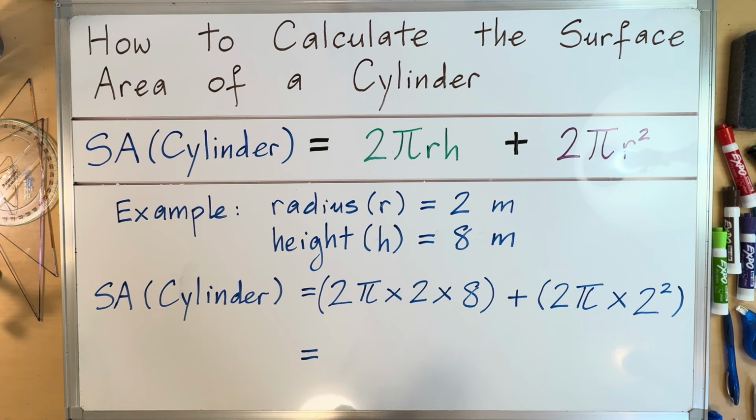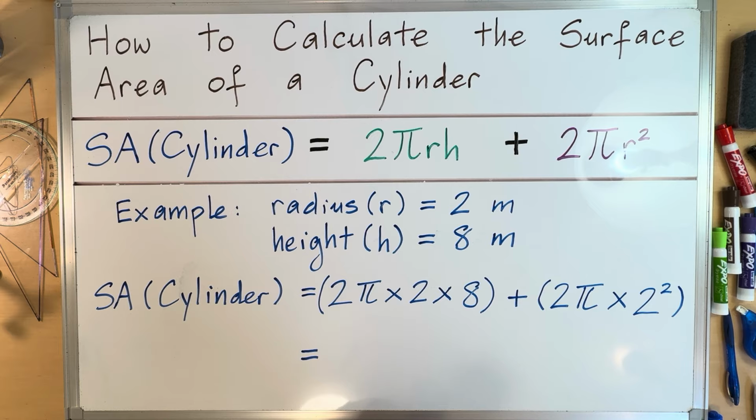So using a calculator, 2 times pi times 2 times 8 plus 2 times pi times 2 squared, up to 2 decimal places.